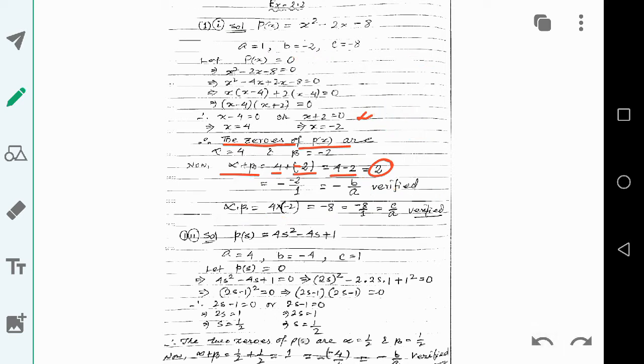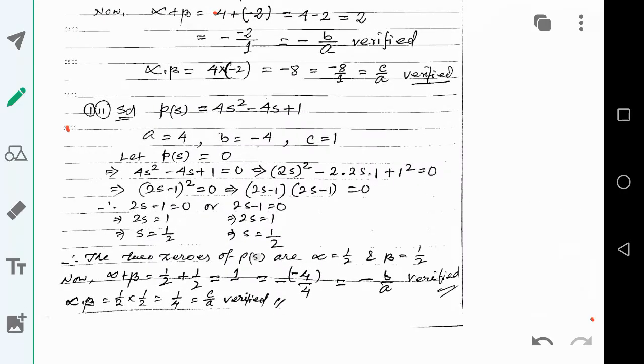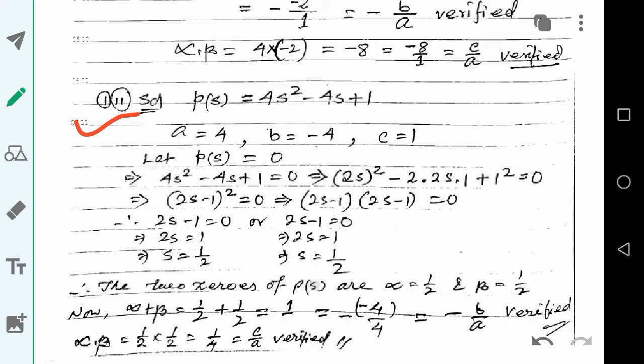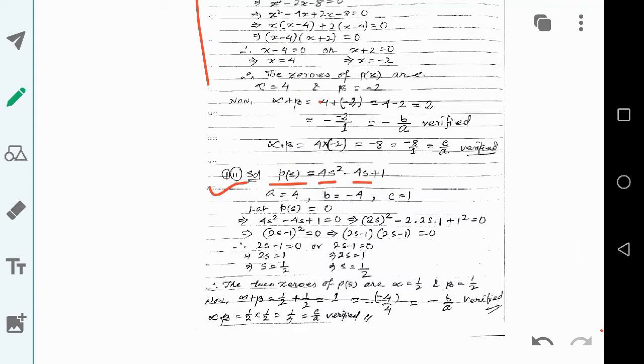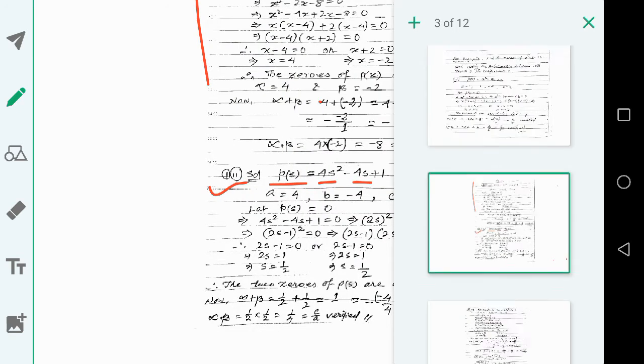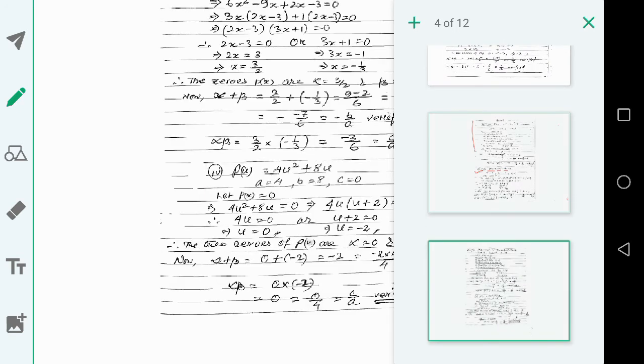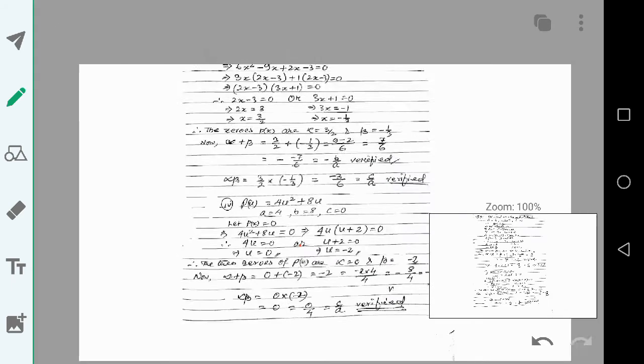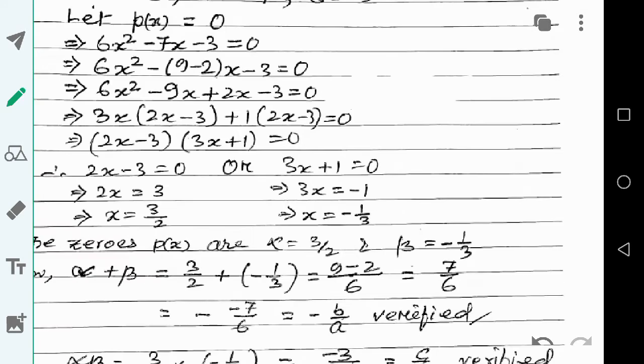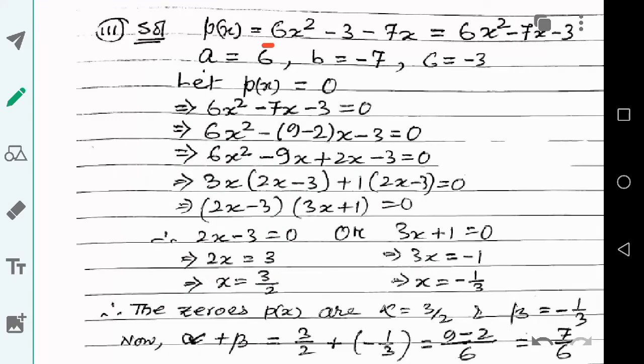Here you see, you can solve number 2, the second of question number 1. As the variable is s here, I have written p(s) instead of p(x). This is similar to the first one. Let me show you the next. Now the third polynomial is given, 6x square minus 3 minus 7x.